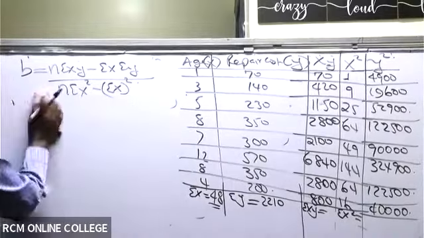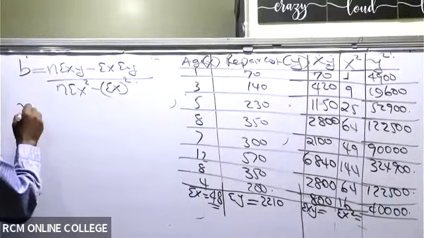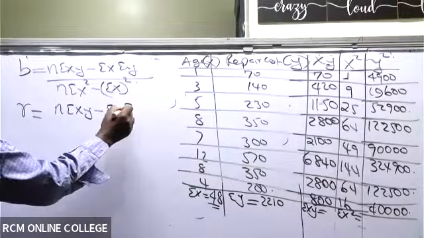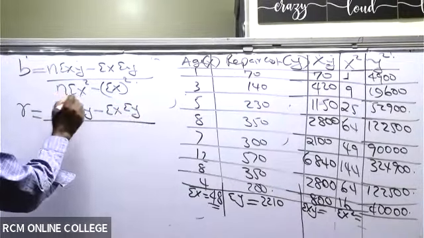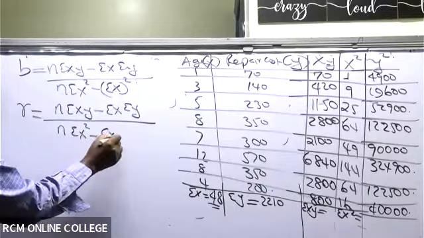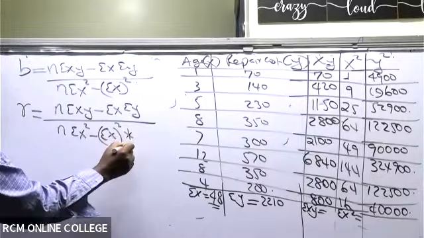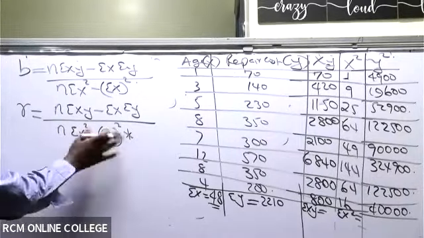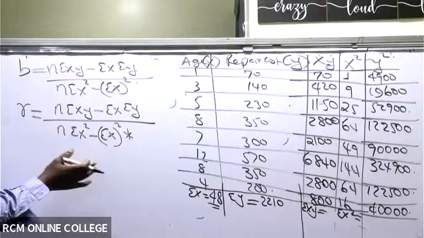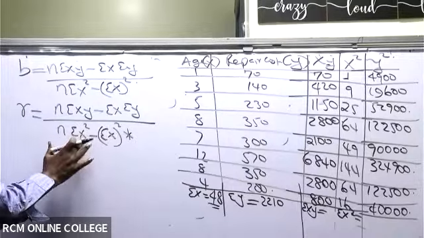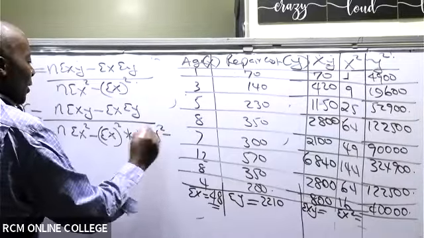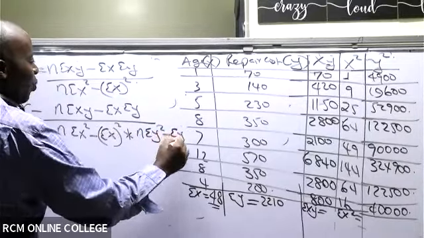To be able to get our r, this is normally what we do. The numerators will be the same: n summations of xy minus summation of x, summation of y, all over n summations of x squared minus summation of x squared, times the same style, but now we replace with y. The same style because you are correlating two. So it becomes n summations of y squared minus the sum of y, squared.